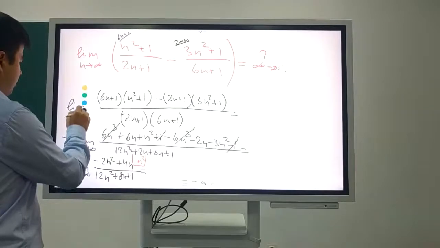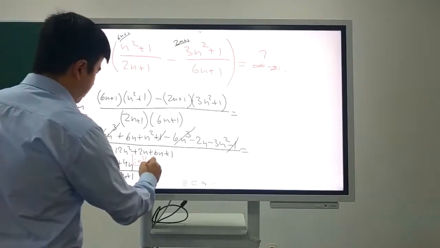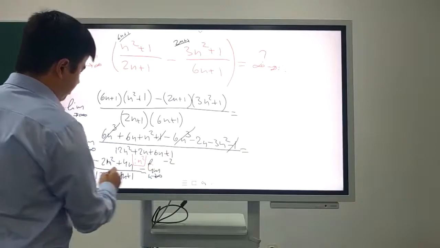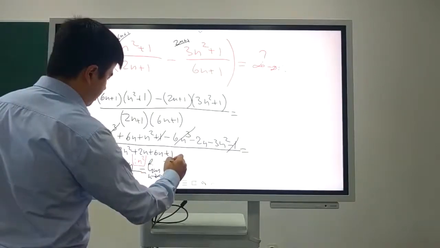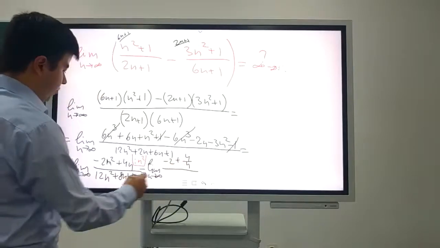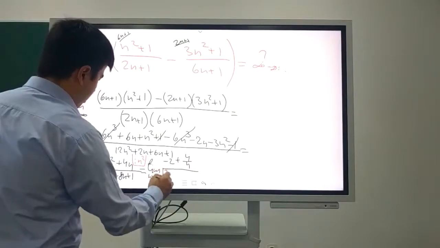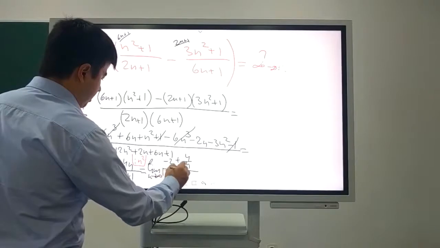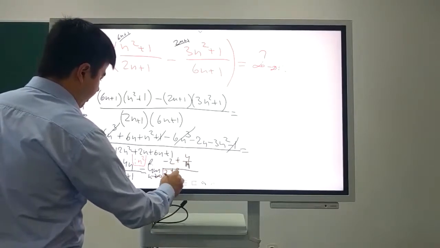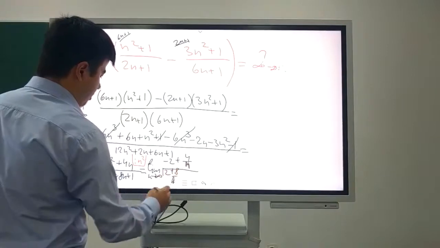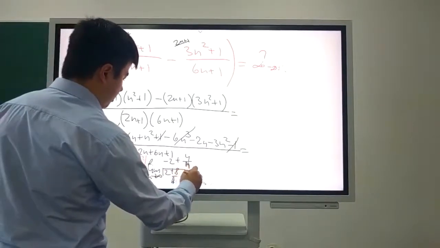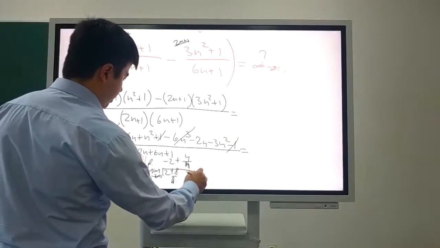So the limit as n tends to infinity of minus 2 plus 4 over n, over 12 plus 8 over n plus 1 over n squared.